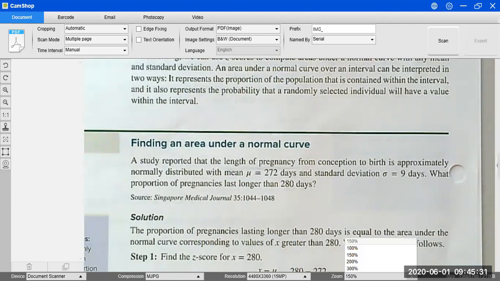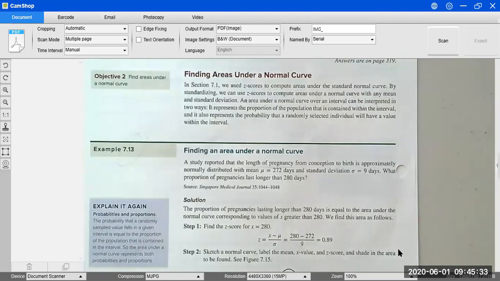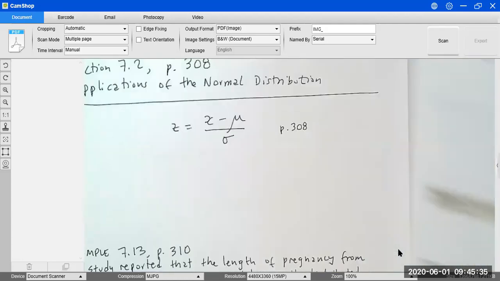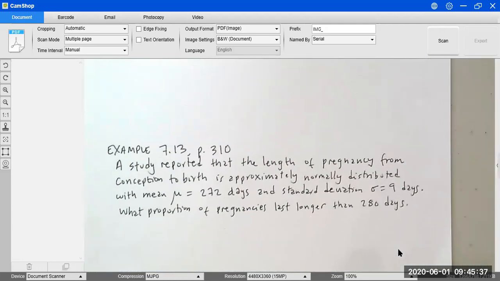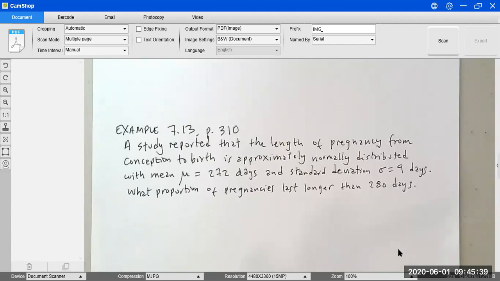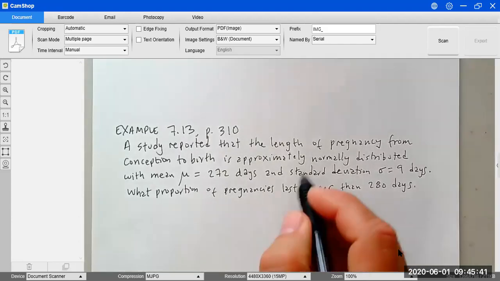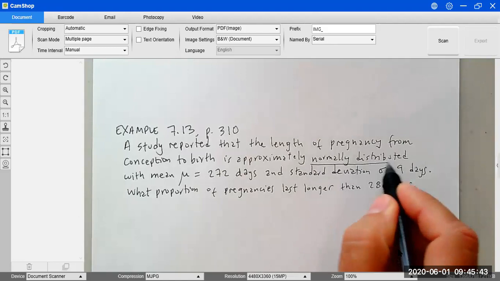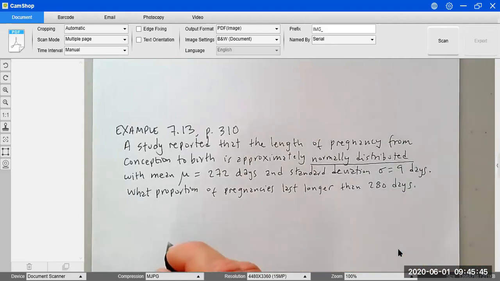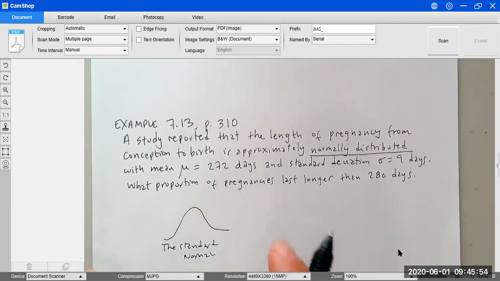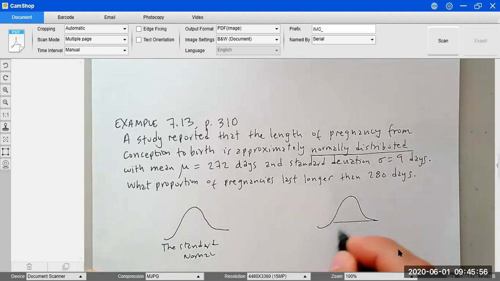We need to start by recognizing that we are talking about continuous data, and that we're going to use the normal distribution because they say that the population is normally distributed. That means you can use either the normal distribution or the standard normal distribution.